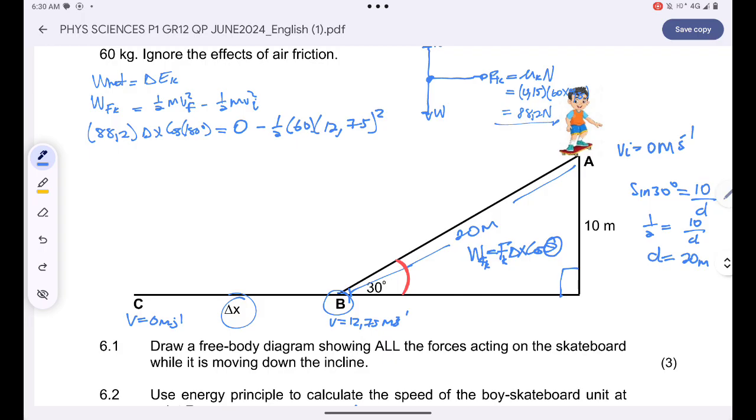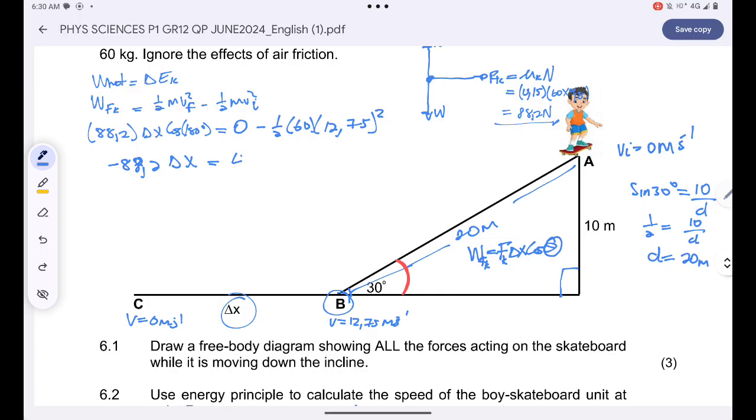On the left hand side, we will have negative 88.2 times delta x is equal to negative half multiplied by 60 multiplied by 12.75 squared.